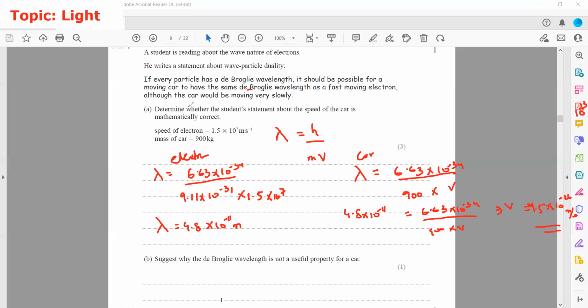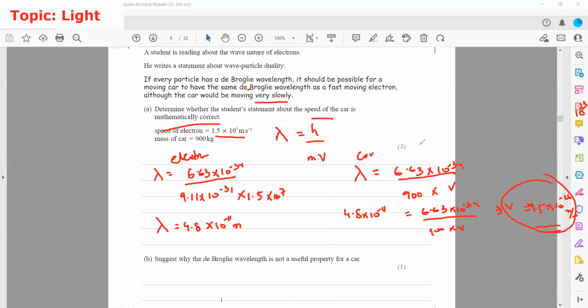So, to determine whether the student's statement is mathematically correct: the student is saying every particle has a de Broglie wavelength, so it should be possible for a moving car to have the same wavelength as a fast moving electron, although the car is moving very slow. When you compare the speeds, the car's speed comes out a very small value.